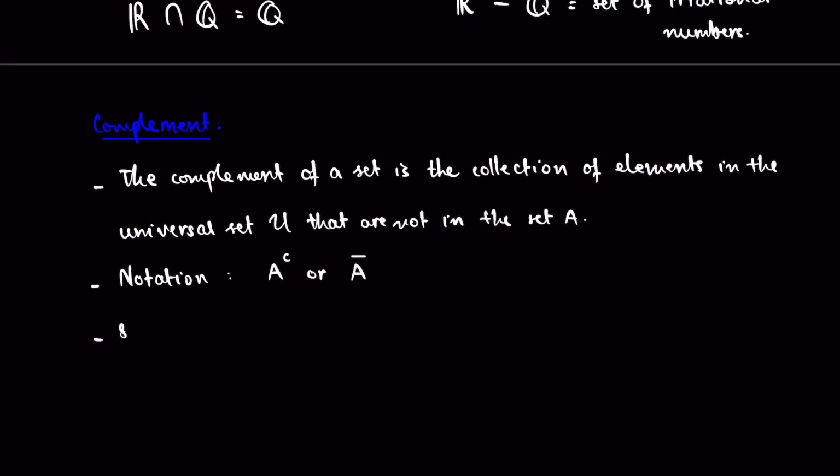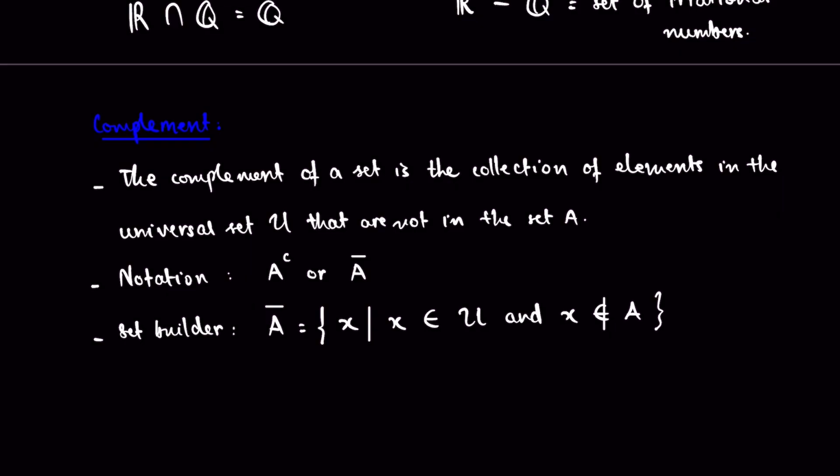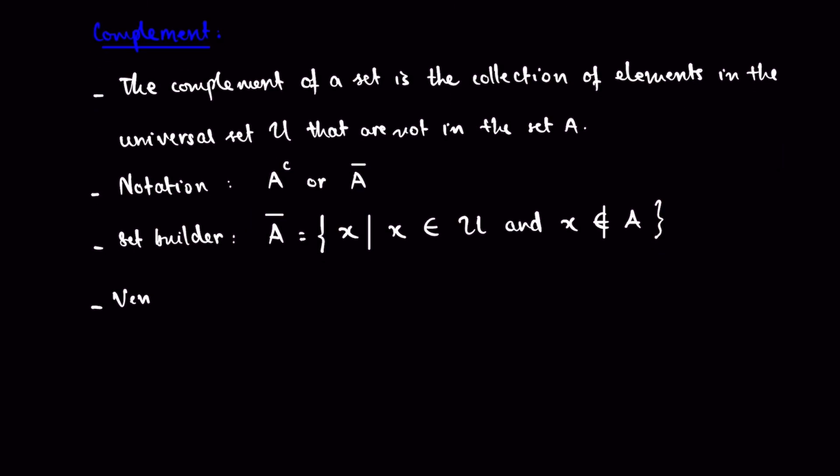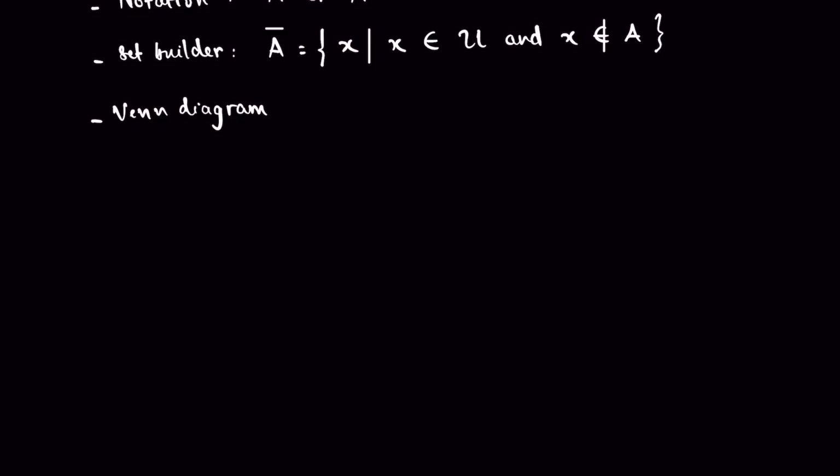Now in terms of the set builder notation, you can write A complement equal to the set of all the elements x such that x is in the universal set and x is not an element of A. In terms of the Venn diagram, you're going to start out with the universal set.